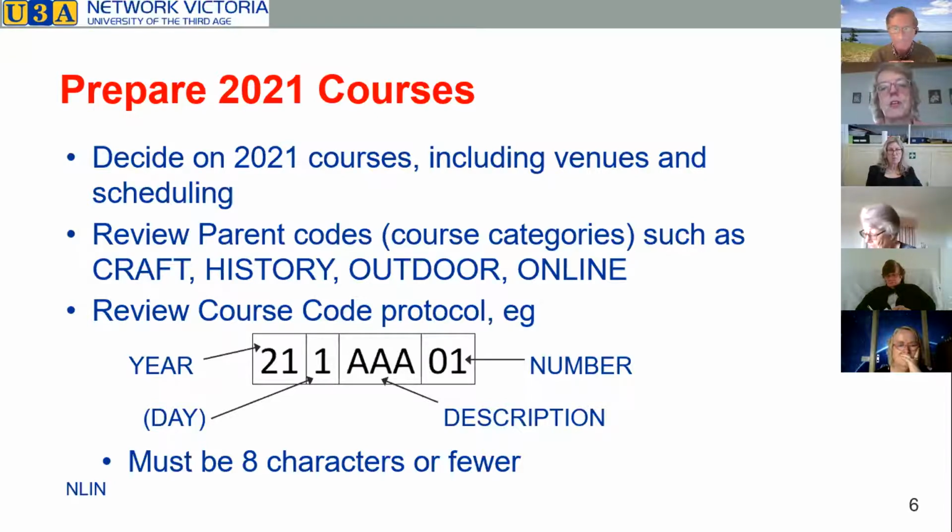So it's not particularly significant, although it will affect the sorting order when you're listing the courses in Coreumass. You don't have to use the full 8 characters. And if you decided to eliminate the day, for instance, you could put an extra letter in the description or whatever.